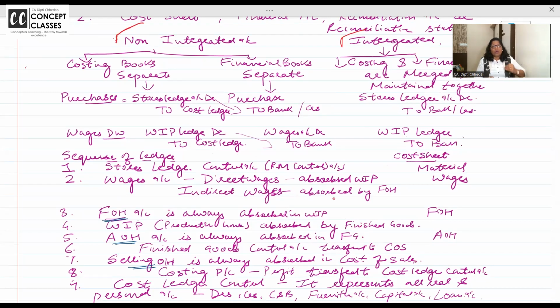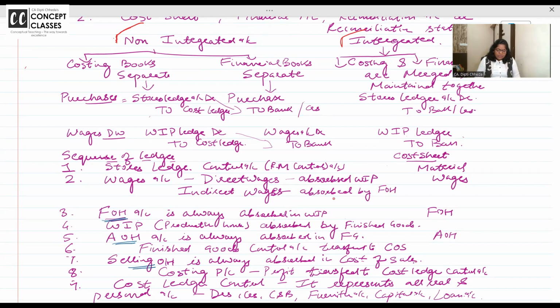When you purchase raw material, costing books are saying stores ledger debit to cost ledger control account. Why? Because when you purchase raw material, you have to credit cash, bank, creditors. But I told you, in costing books, personal account and real accounts are not there. What is representing all that? Control account. Cost ledger control account, right?